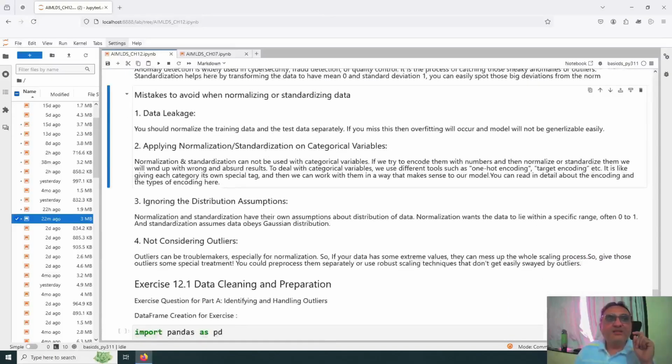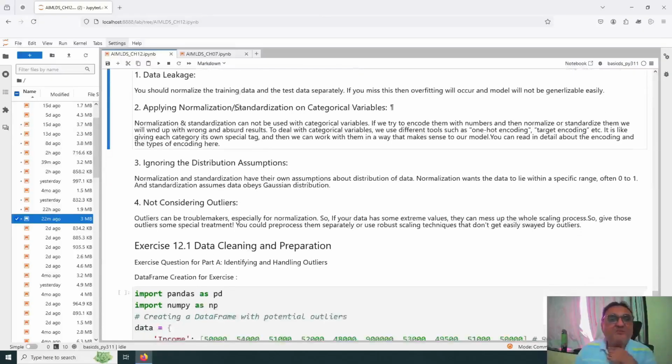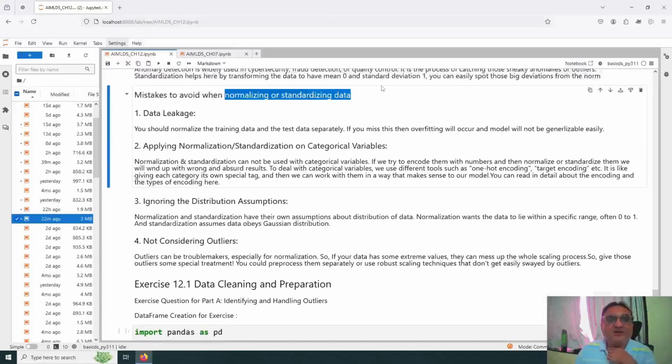Okay. This is also one very important thing to remember: the mistakes which people make before normalizing or standardizing. It becomes almost like a ritualistic process that as soon as data comes, you start null imputation, then start removing outliers, maybe removing single-valued columns, then remove duplicate rows, then whatever other steps, okay.